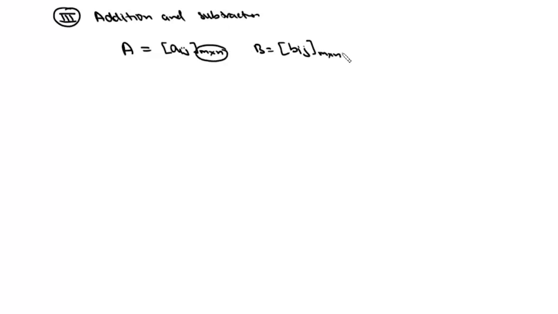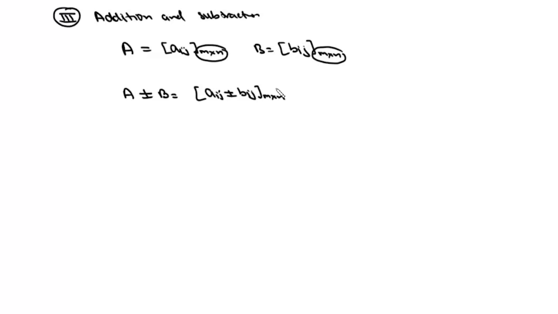In order to add two matrices, their order must be the same. If the order is not the same, we cannot add two matrices. So if we add or subtract them, we can write this as A plus minus B will be equal to this matrix Aij plus minus Bij, m cross n. That means their corresponding entries will be added or subtracted according to the question.